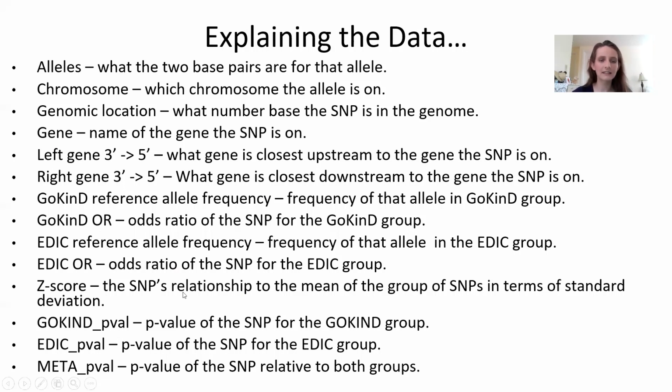The Z-score is the SNP's relationship to the mean of the group SNPs in terms of standard deviation. The GO-kind p-val is the p-value of the SNP for the GO-kind group. The EDIC p-val is the p-value of the SNP for the EDIC group, and the meta p-val finally is the p-value of the SNP relative to both groups.